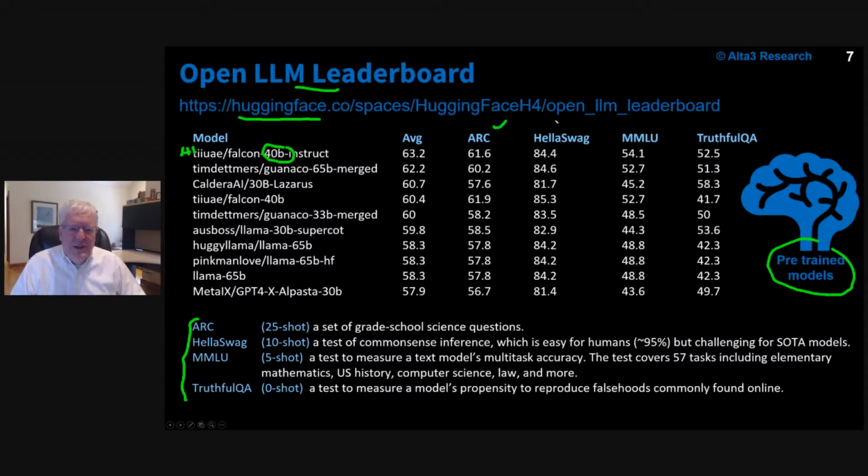If we look at these 4 parameters, which are then averaged, right, you'll see that ARC stands for 25 grade school questions were fired at the model, and then 10 common sense inference questions, 5 multitask questions. My favorite one is how many lies have been shielded from the training process. You know what that means, right? The internet is full of lots of wrong things, which are judged as falsehoods.